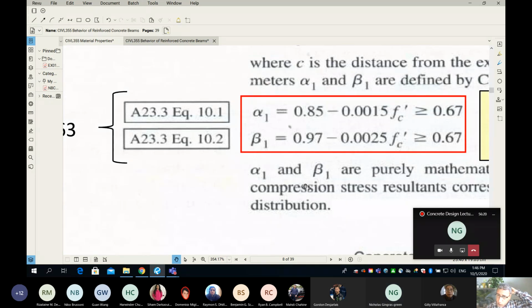Can somebody do it for 40, which is the other extreme? For alpha 1, it's 0.79. Thank you, sir. 0.87 for beta. Okay.